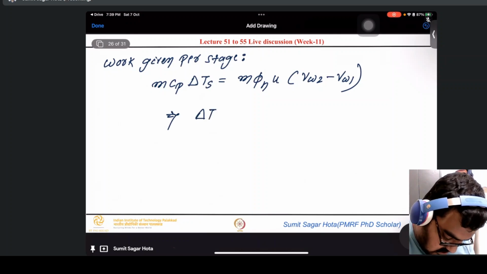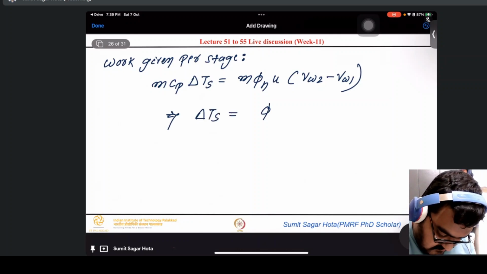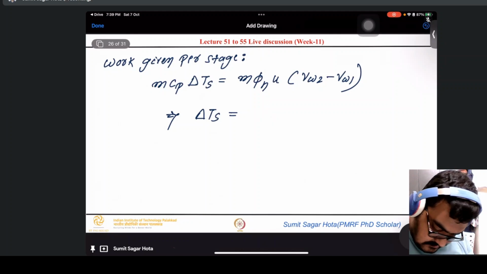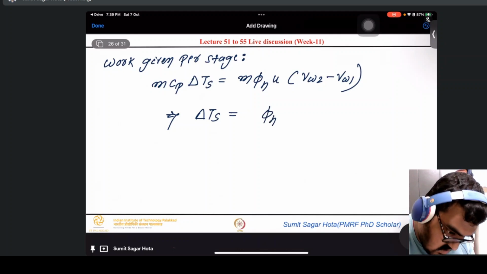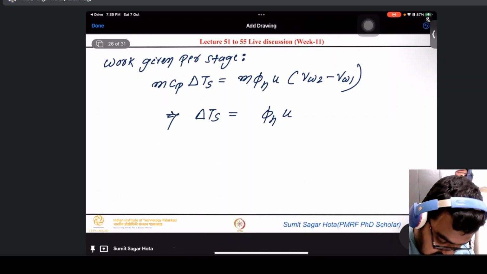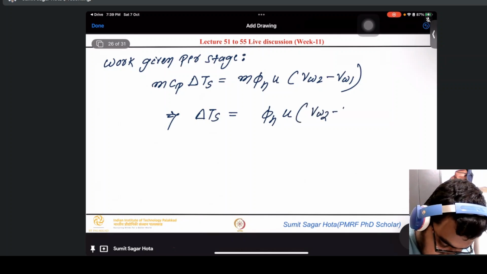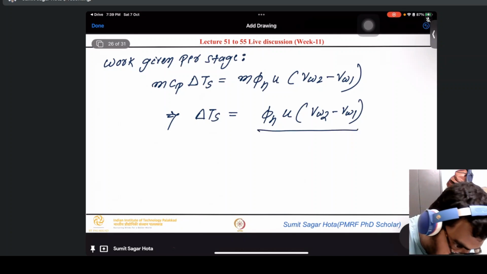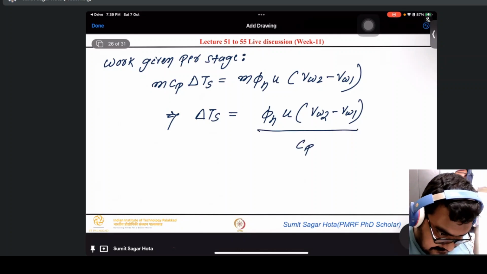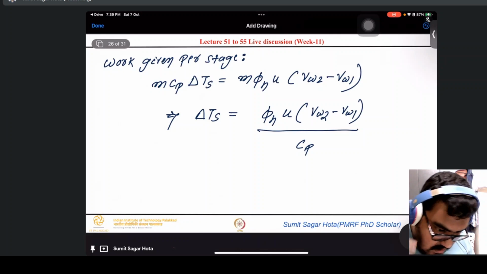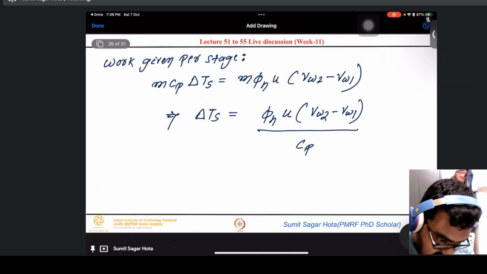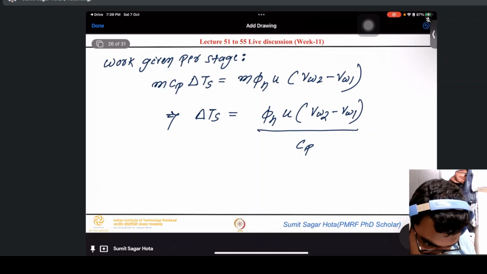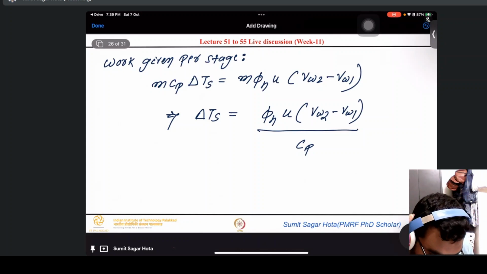Delta Ts similarly phi h into U into Vw2 minus Vw1 divided by Cp. For that we need Vw2 and Vw1. If you don't know them, we have to find out first Vw2 and Vw1, then only can you put them in this formula to find delta Ts.